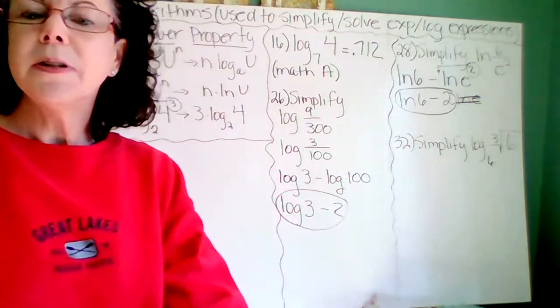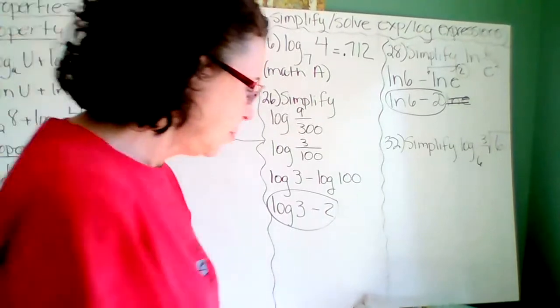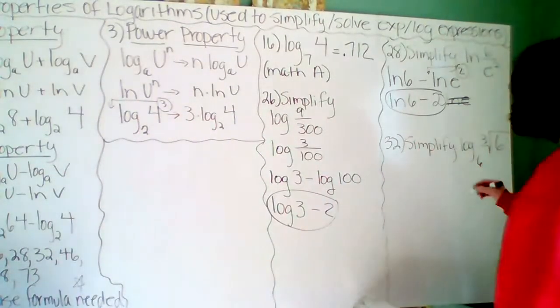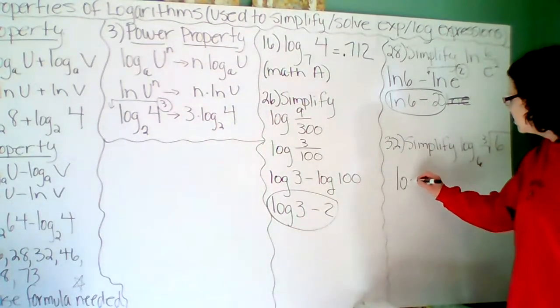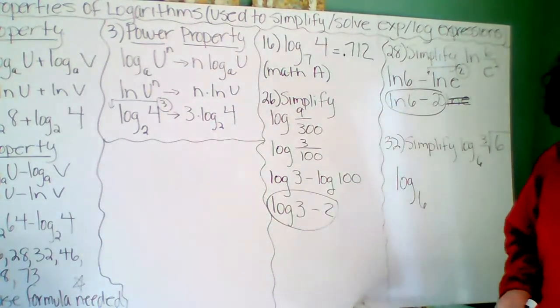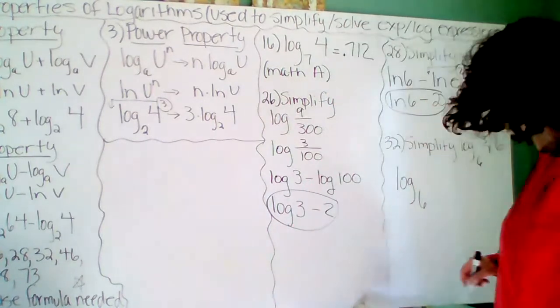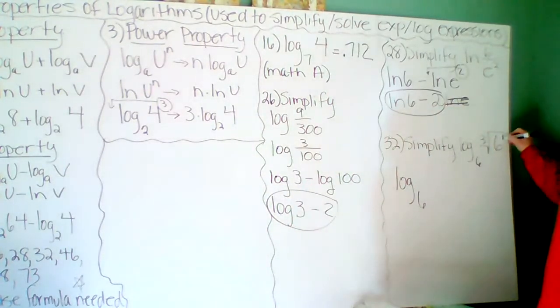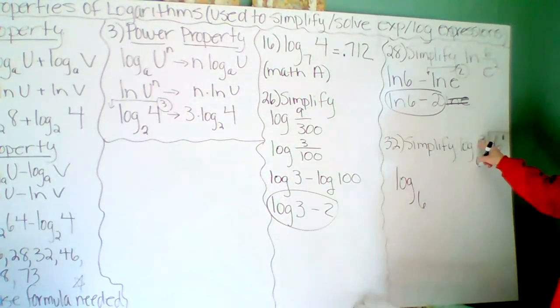How about if we simplify log base 6 of the cube root of 6? What would help us here is to write the cube root as a rational exponent. This 6 is really to the first power, and I'm taking the third root.